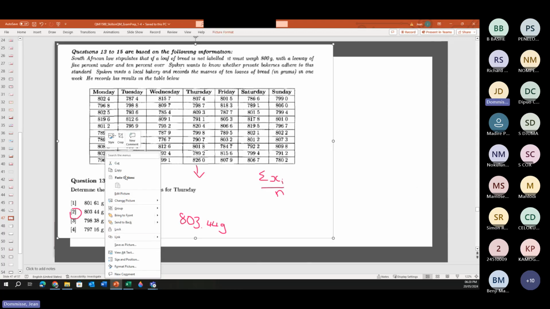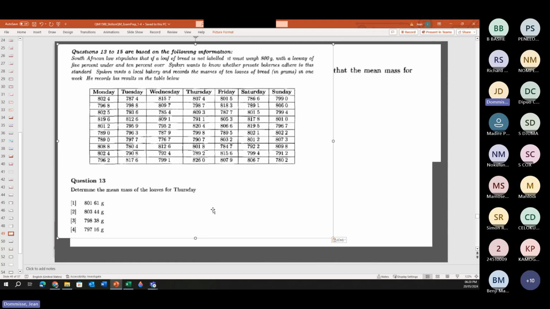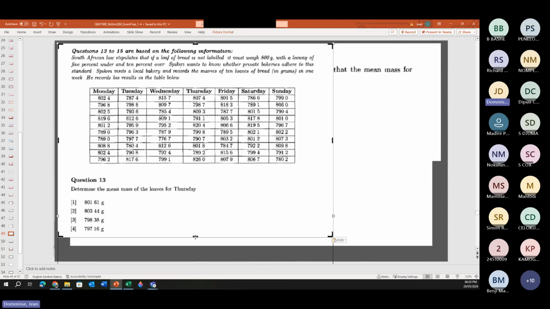So let's quickly copy the data set over. I thought they gave us the sum of the mean mass, but they didn't.